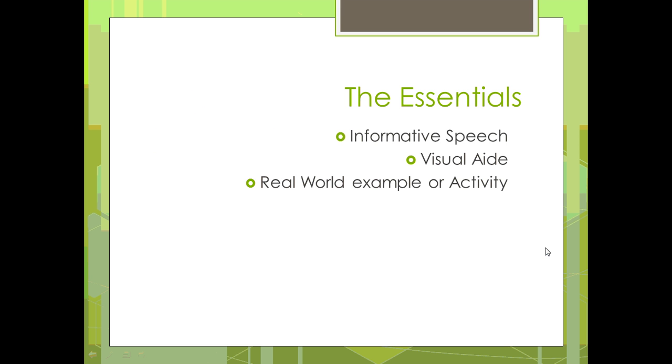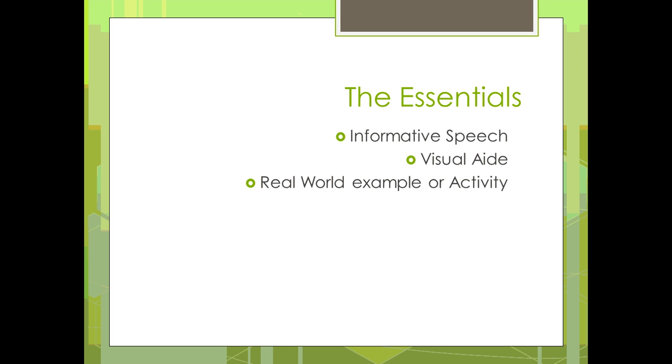All right, the essentials. This presentation is going to include three main components. The first part is the informative speech. So you are going to be giving an informative speech about your energy source. Along with that informative speech, you are going to produce some kind of visual aid, be that an elaborate poster, a Prezi, some kind of Google site, a PowerPoint, whatever you deem to be the most effective, you can use that as your visual aid.